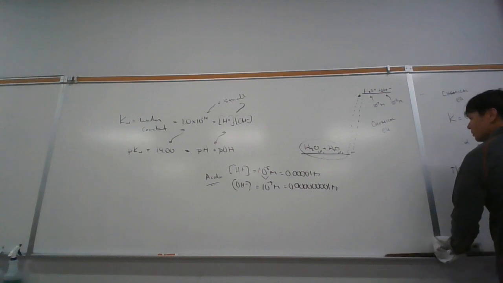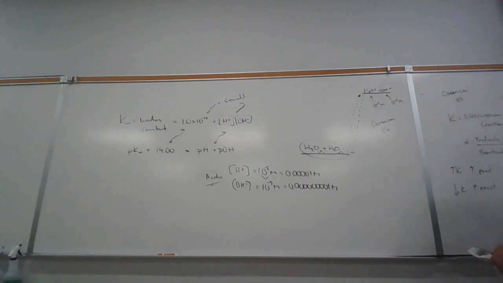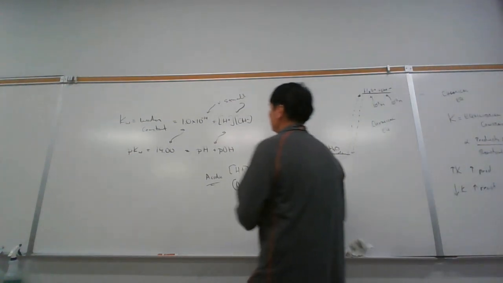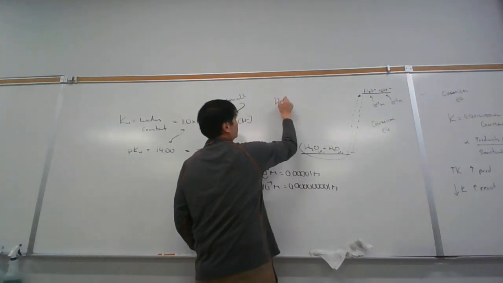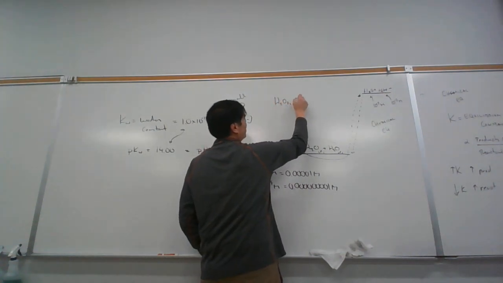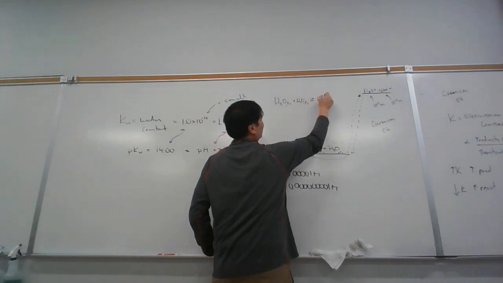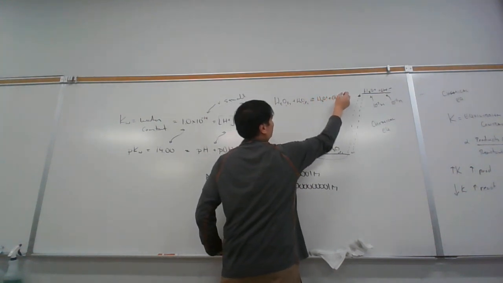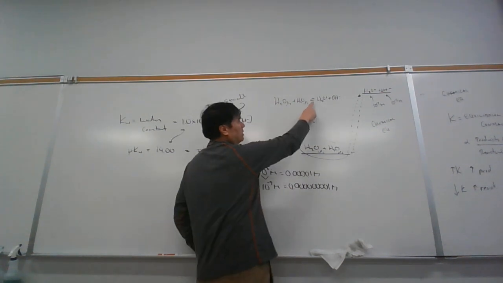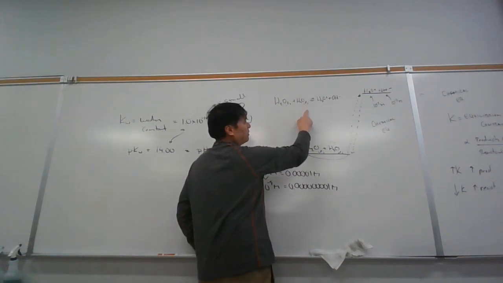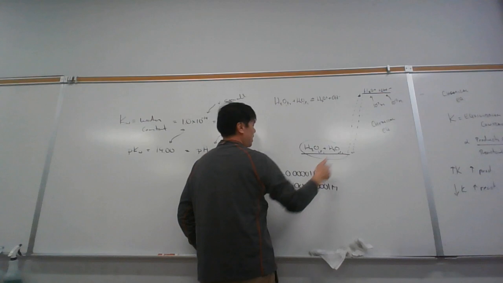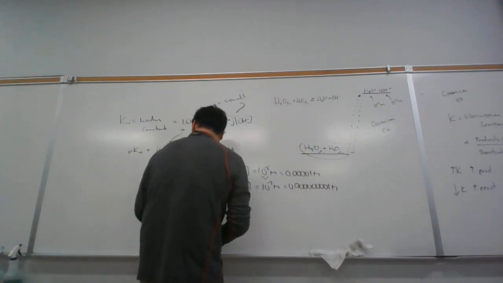And so usually we show these equilibriums by using a double-headed arrow. For this equilibrium, we show it like this: H2O liquid plus H2O liquid is going to be in equilibrium with H3O plus and OH minus. Now, the double-headed arrow doesn't show which way is favored. In this particular case, the reverse reaction is favored.